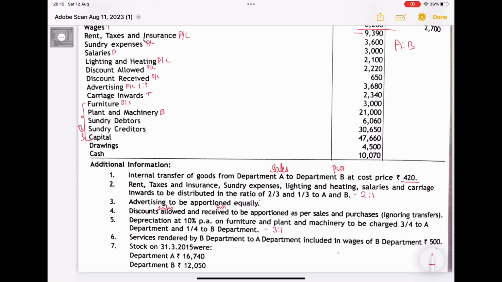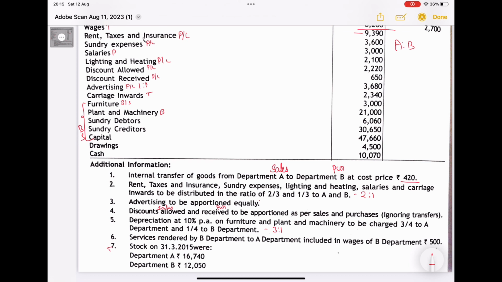Services rendered by department B to A are included in the wages of department B. Here we are going to deduct it from department B and add it to department A. Stock on 31st March 2015 is related to the trading account, we are going to write it on the credit side.